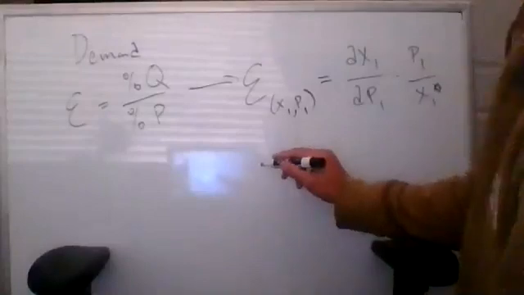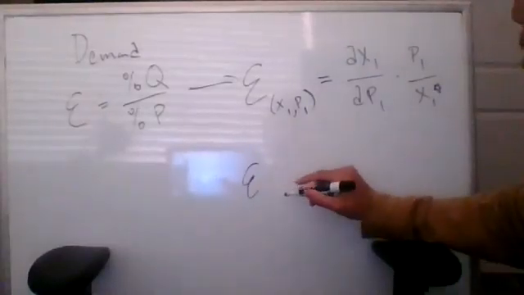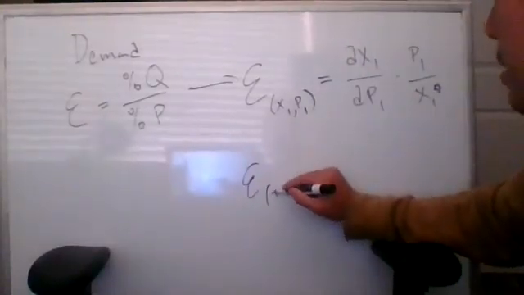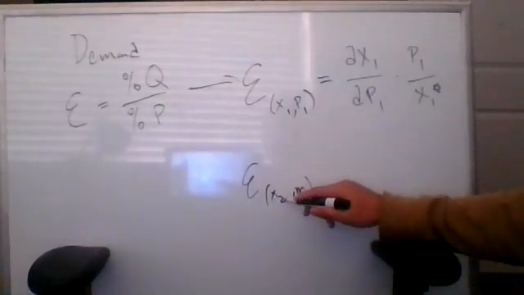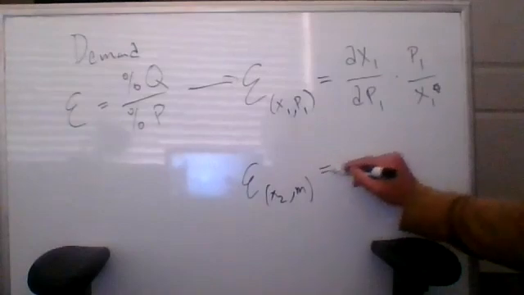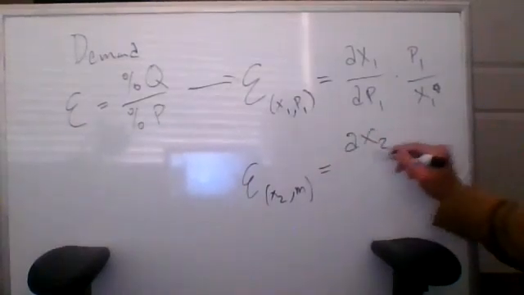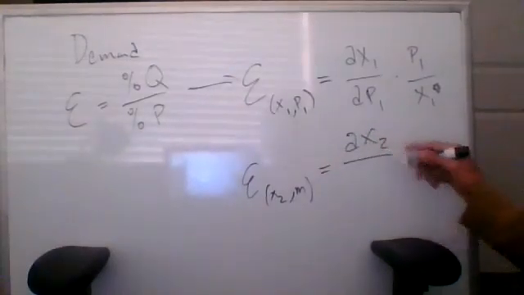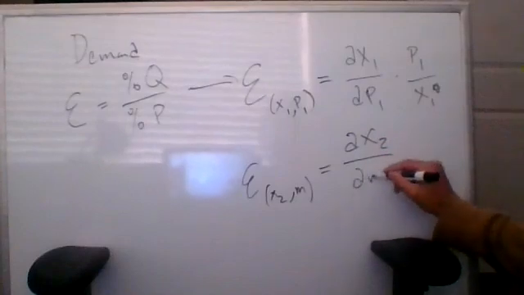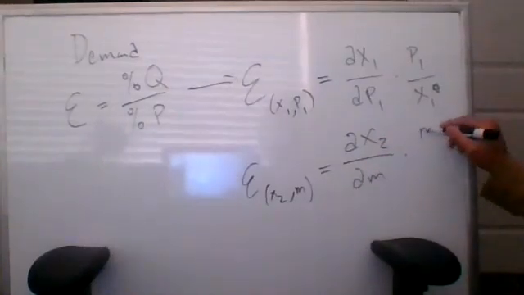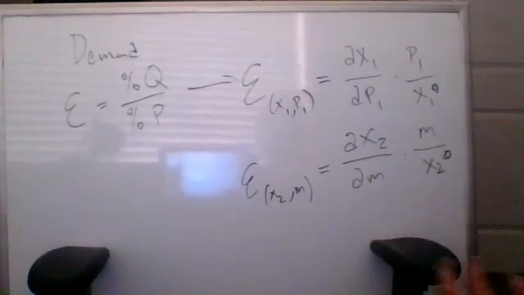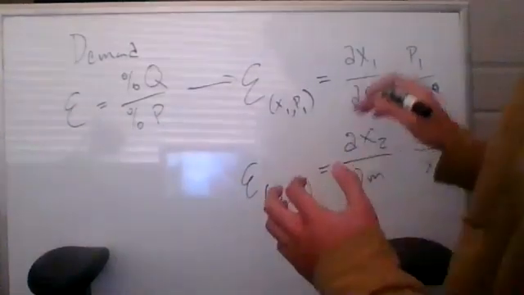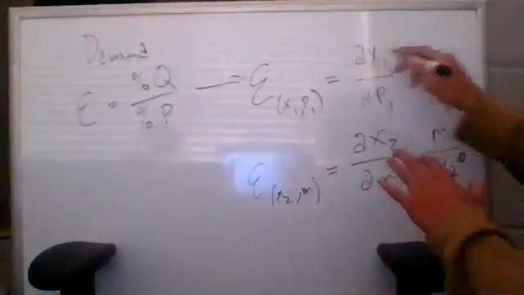So let's actually bring these back. If I have something that looks like this, the elasticity of x2 with respect to income, then this would be the partial derivative of x2, the demand function, with respect to income, times income over x2 star. Hopefully you're noticing a pattern here in how you can come up with these equations.